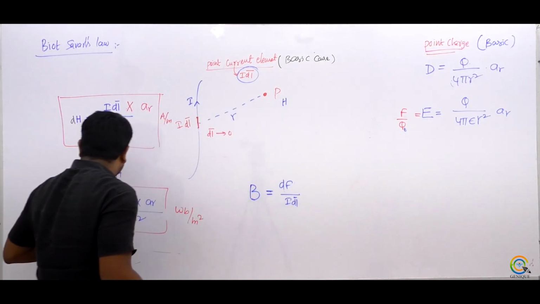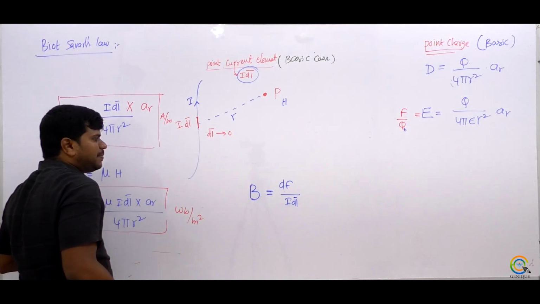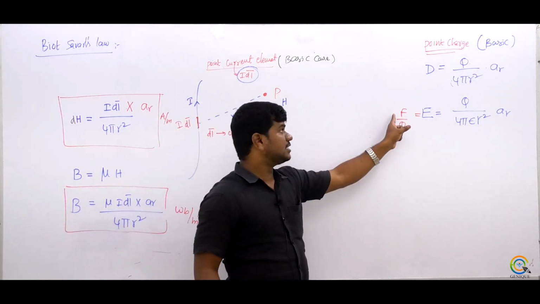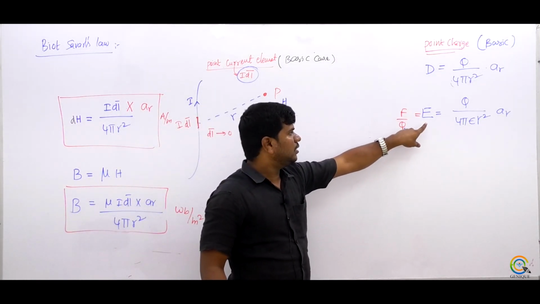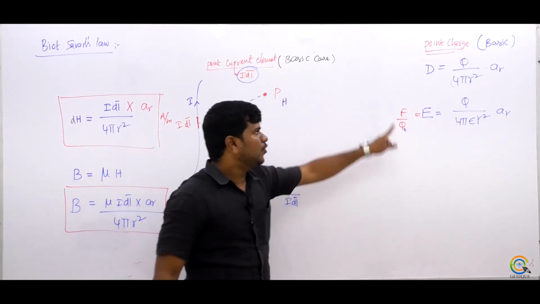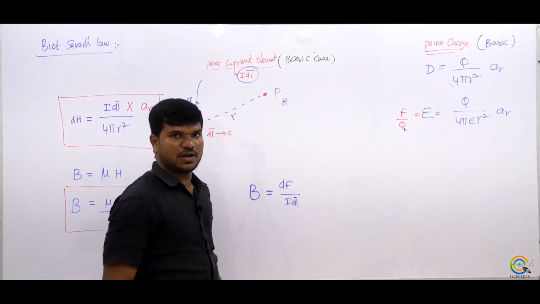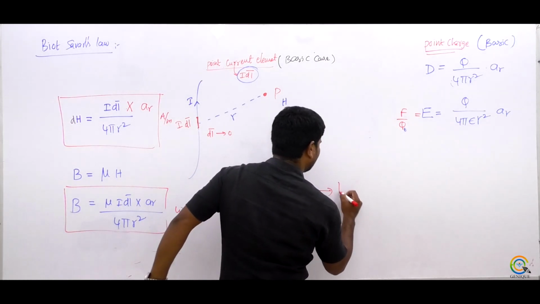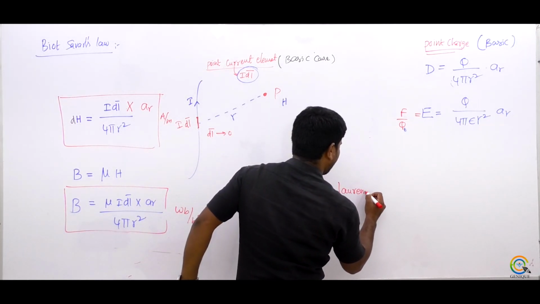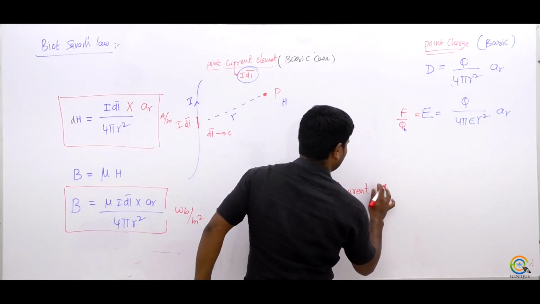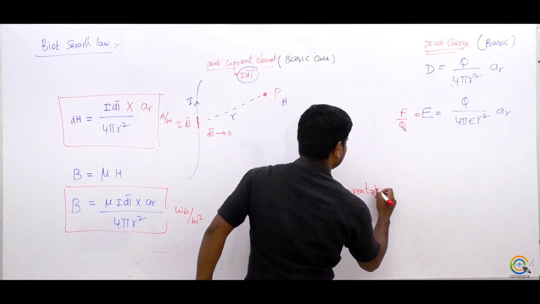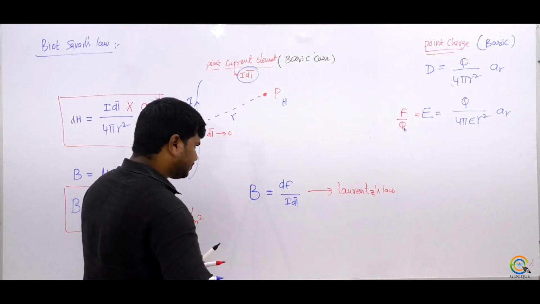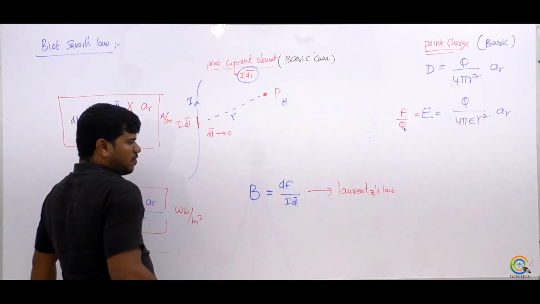See, here the magnetic flux density is represented as dF divided by I dl, and the electric field intensity is represented as F by Q. Force per unit cause, from the Lorentz law.